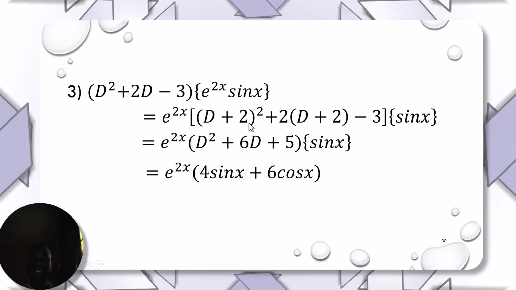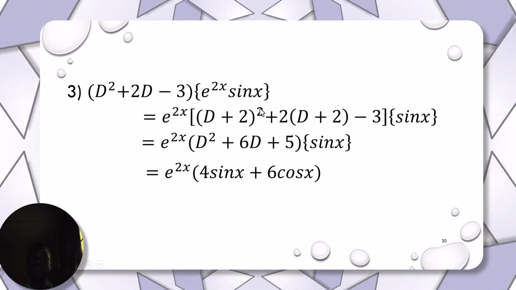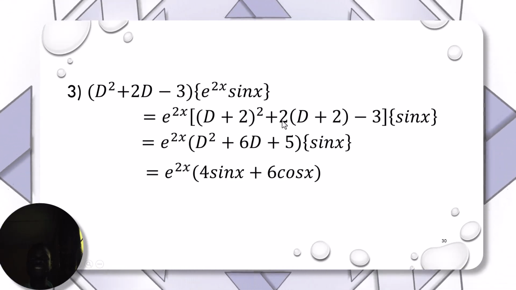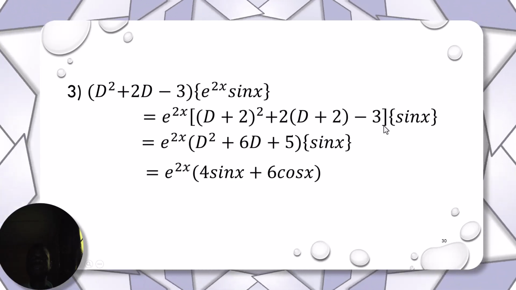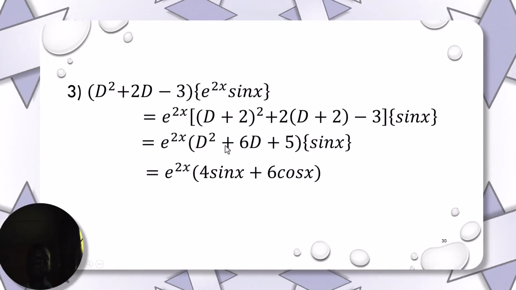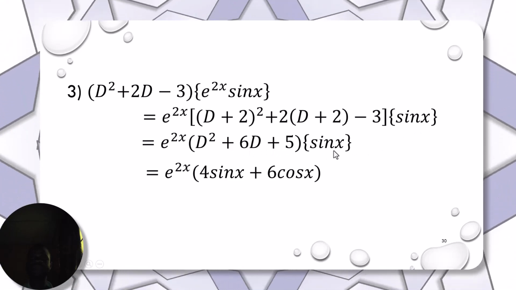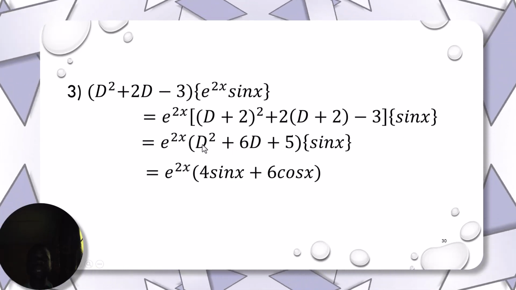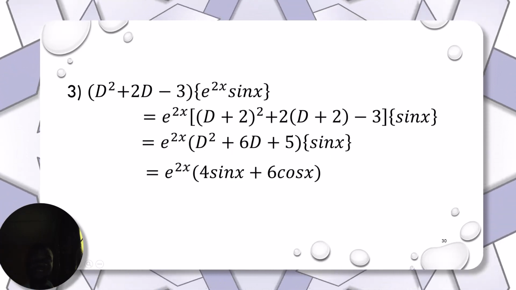Then opening this bracket, I will have d square plus 4d plus 4, right? Then here I have 2d, then here I have 4, then minus 3. Then if I sum everything up here, it will give me d square plus 6d plus 5. Then I have sine x, right? Don't forget, I've already applied the second theorem.